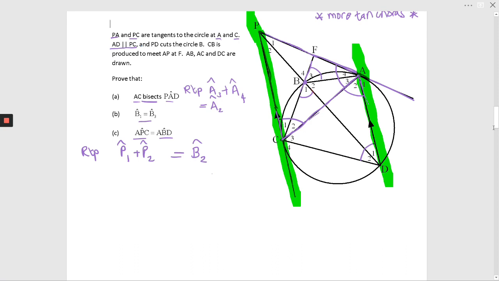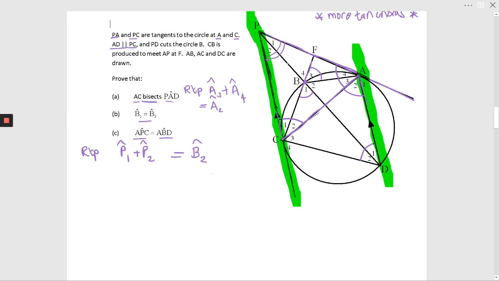Okay, so P1 plus P2, are they going to give us anything? What is P1 plus P2 the same as? We'll have a look. We've got the parallel lines, and P1 and P2 are in them. P1 and P2 together, I'm going to make them a double bar.